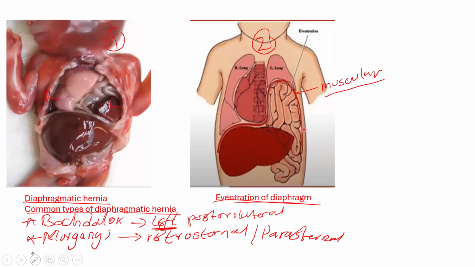That is usually the trick question in your exam: sinus of Morgagni versus foramen of Morgagni. Foramen, you have superior epigastric vessels. Everything else, the eustachian tube, levator palatini, those are in the sinus of Morgagni, as Emmanuel has told us. Very good, Emmanuel. Please note the difference.